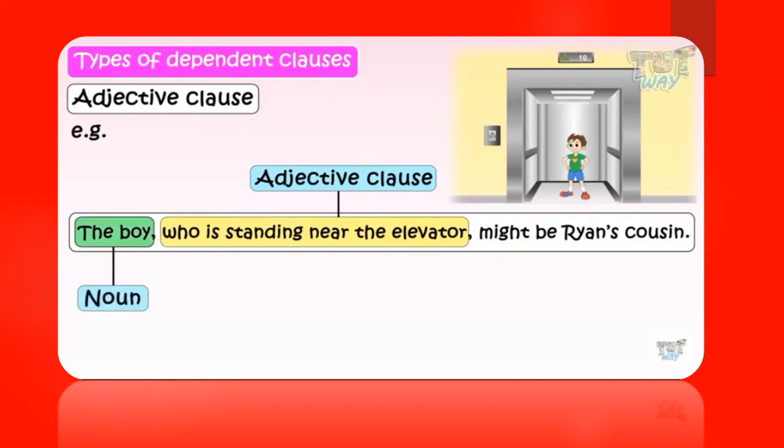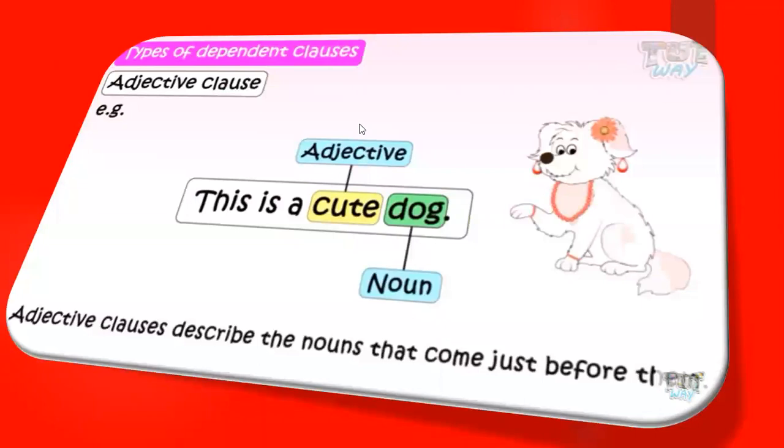Who is standing near the elevator is the adjective clause. One more you can see. This is a cute dog. Dog is a noun and cute is the adjective modifying it. So adjective clauses describe the nouns that come just before them.